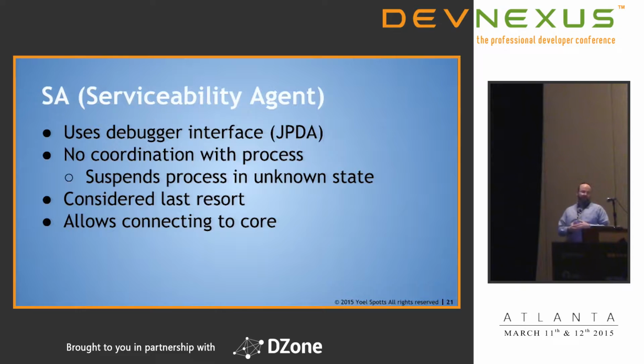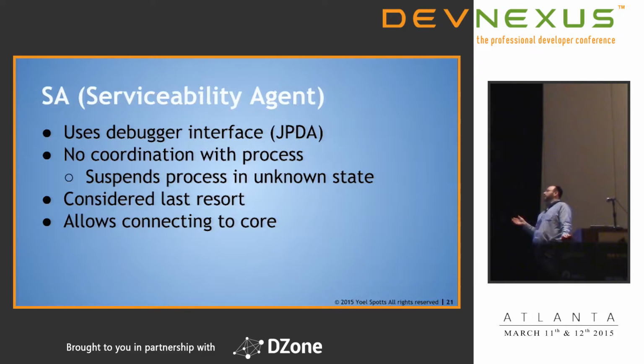When it comes to the Serviceability Agent, there's no coordination with the process, and it will suspend the process in an unknown state. The JVM will actually be suspended and will not run at that time. The documentation states an unknown state, which means that in theory, when the Serviceability Agent detaches, it is possible that the machine will be completely hung.